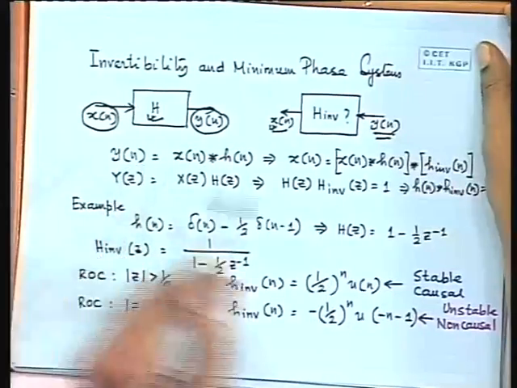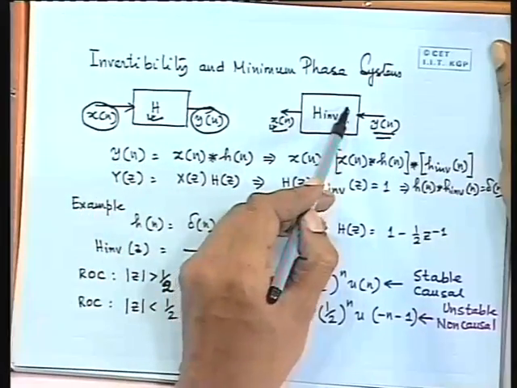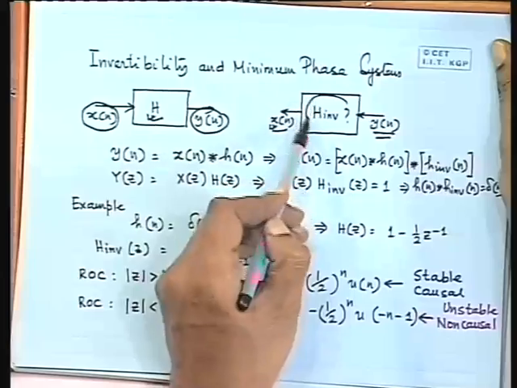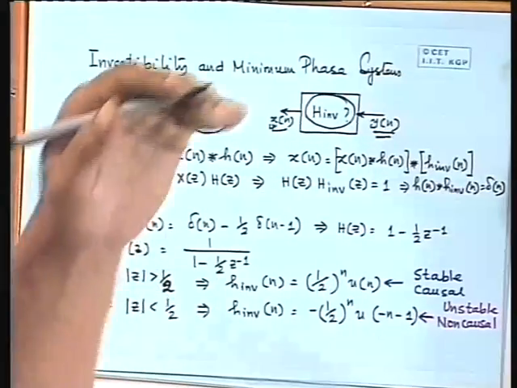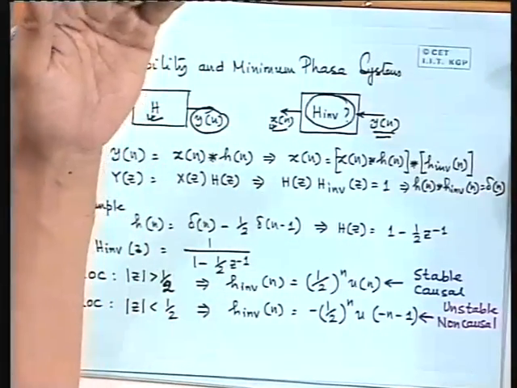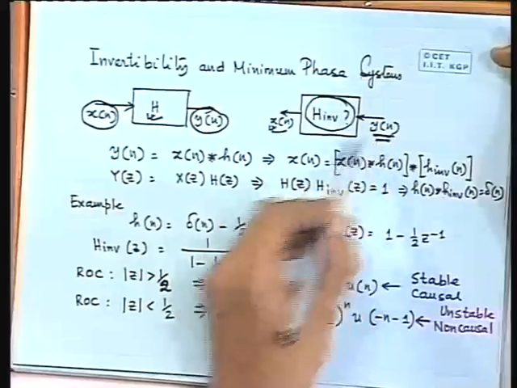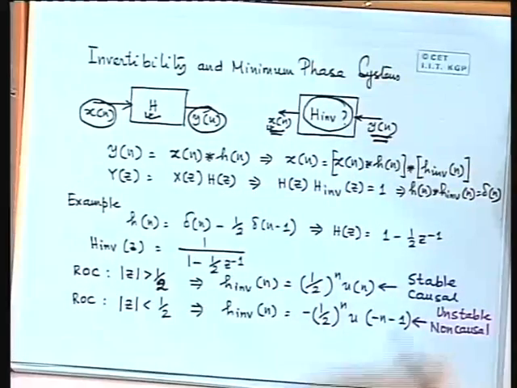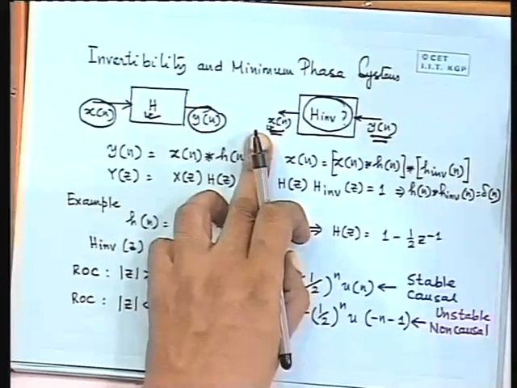If you make an assumption about stability and causality, then you can uniquely determine x[n], not otherwise. So the question being asked is, what is this H inverse? Can we think of an equivalent system to which if we feed y[n] we will get back x[n]? If we could find it, then we can know what happened down below.